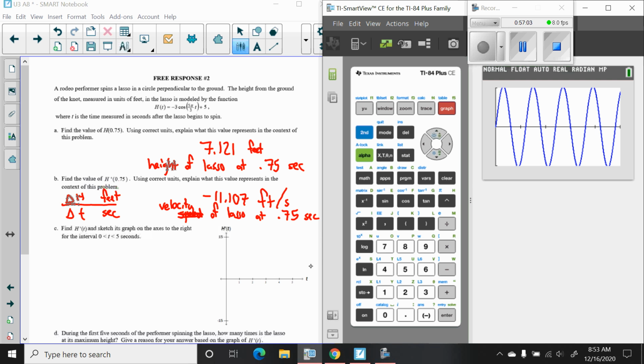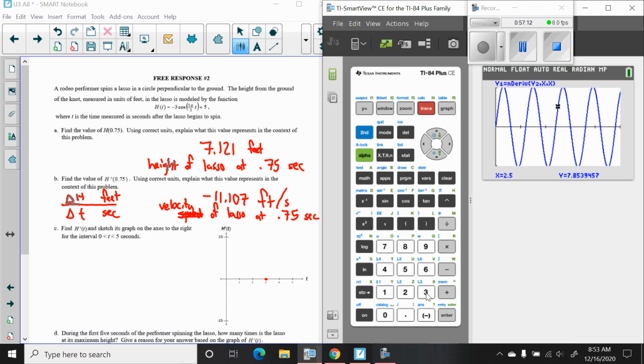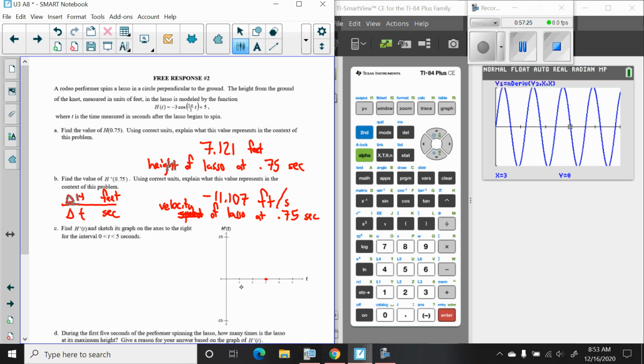It looks like 3 is an actual 0. I guess I can confirm that. Trace 3. Yeah, look at that. 3 is actually a 0. So good enough. But we have a 0 somewhere right in there.